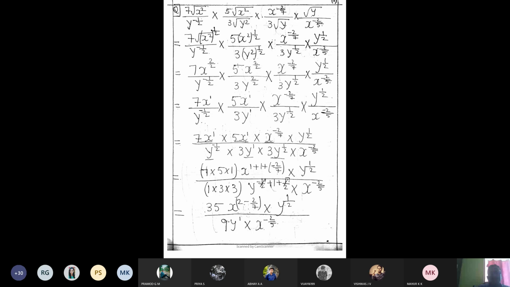Look at the complication. We have square roots, we have powers, we have powers with exponents with negative sign and all, and you need to simplify this.